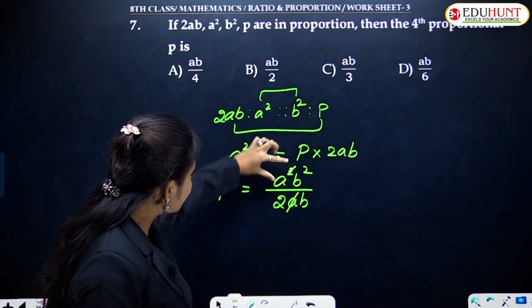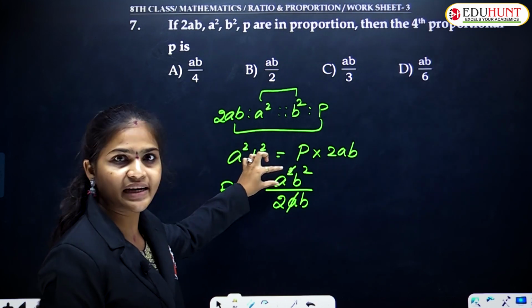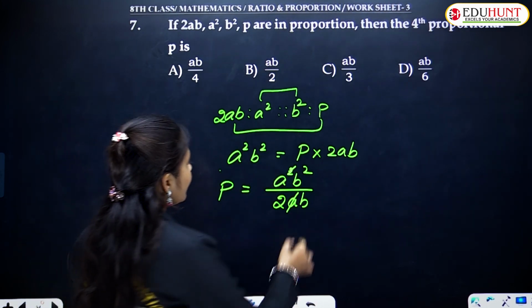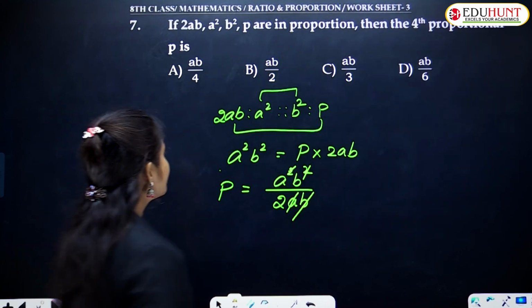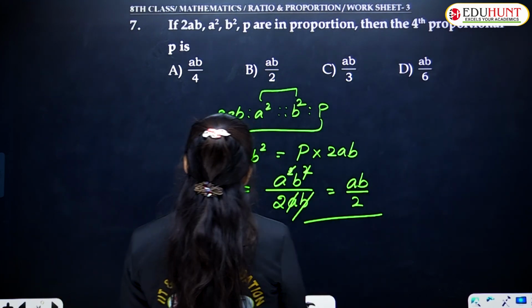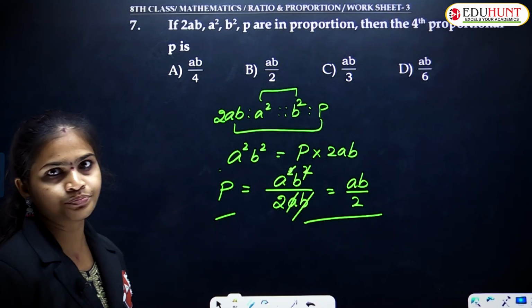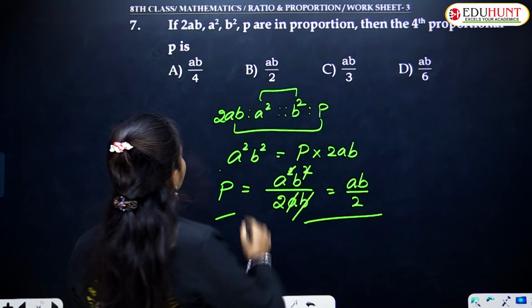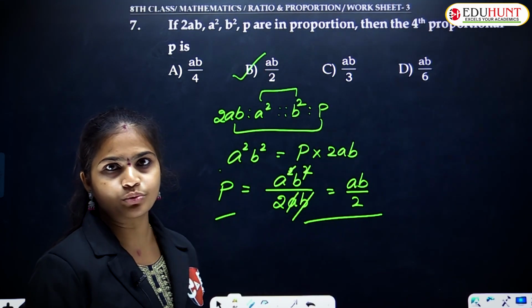Here a square is there and here a 1 time is there, so 1 time gets cancelled, leaving 1 time. In the same way b cancels 1 time, leaving 1 time, which is equal to ab by 2. They are asking only the p value, so p is equal to ab by 2. Which option is correct here? Yes, option B is correct, that is ab by 2.